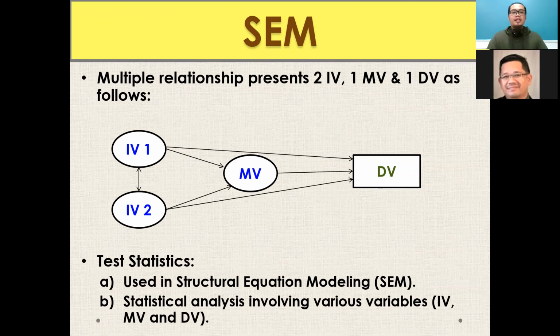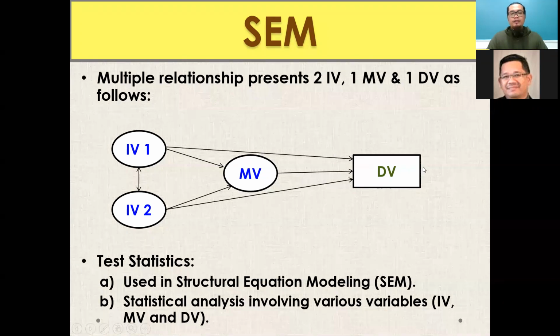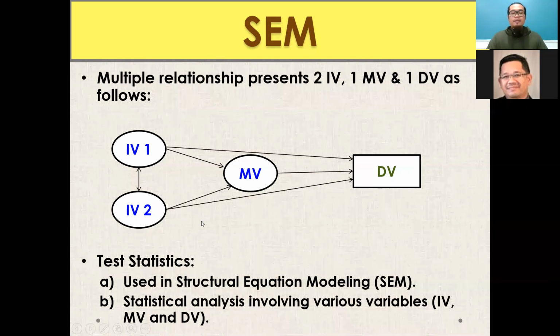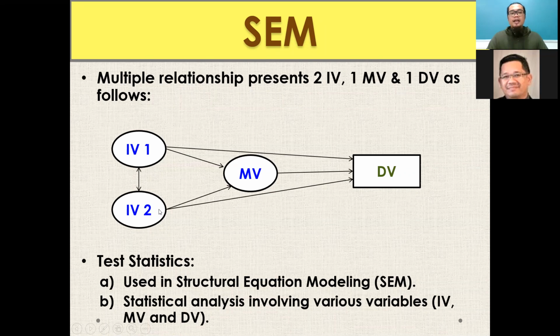First, we can see the direct effects: IV1 to DV, IV2 to DV, and also MV to DV. To measure the indirect effect, we use the mediating effect between the relationship of IV1 and DV, and use the mediating effect of MV to measure the effect of IV2 on DV.